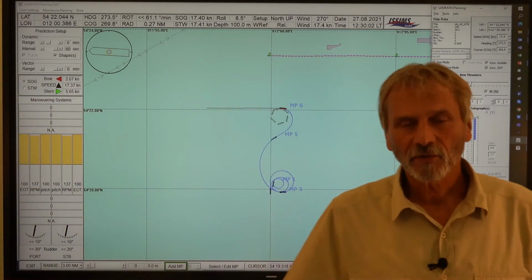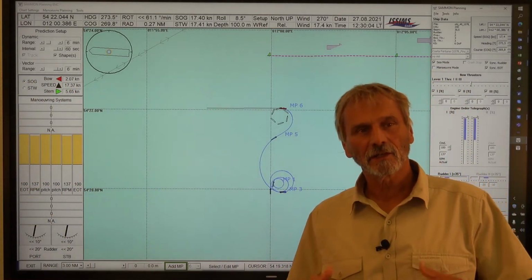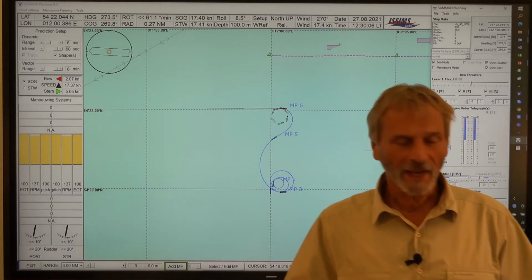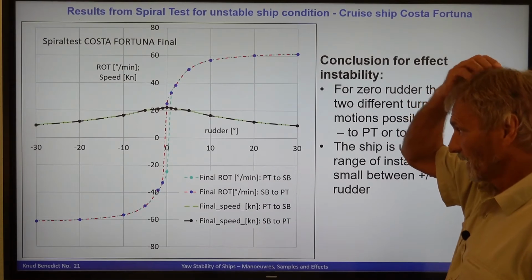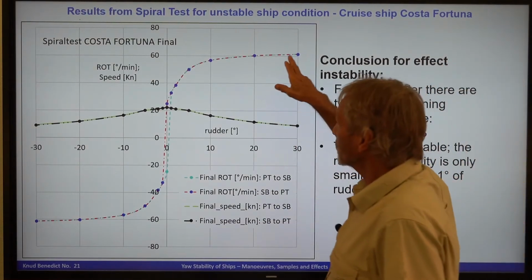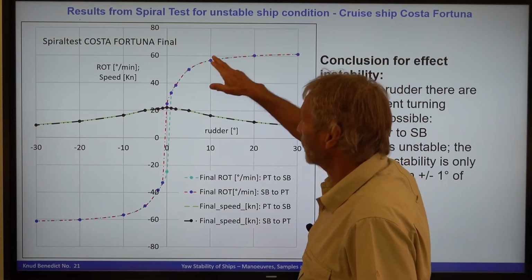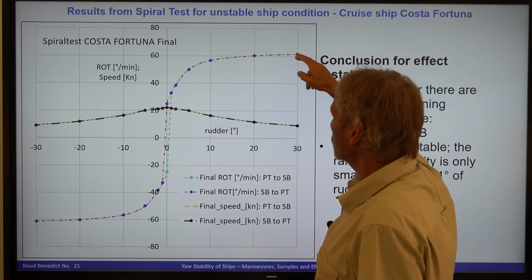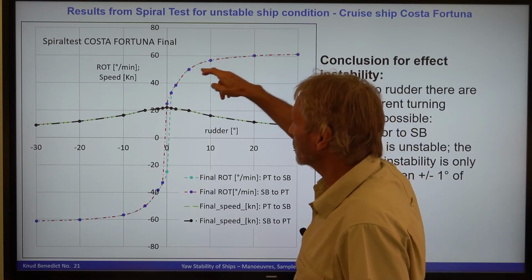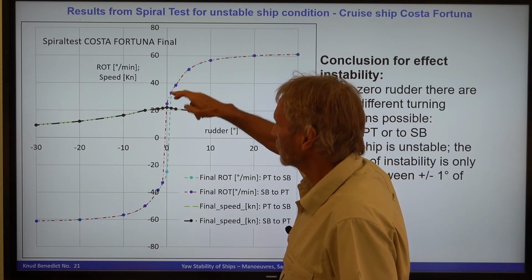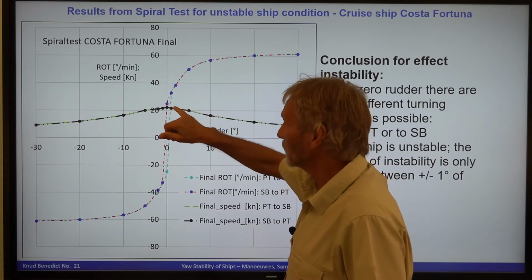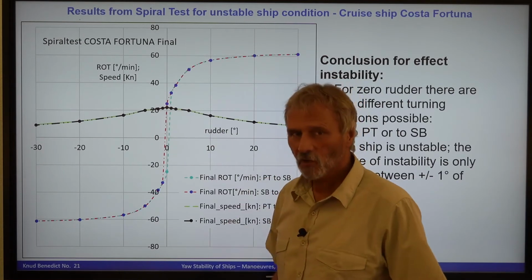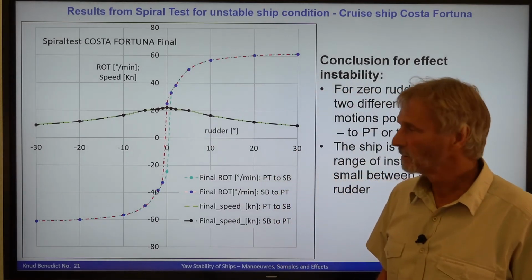But to show the results in a diagram, we will go back now. So here we are again. What we see is if we have moved the rudder from 30 degrees, 20, 10 degrees, even to smaller degrees, and then to midship, then we see coming from this side, it remains a turning to starboard.